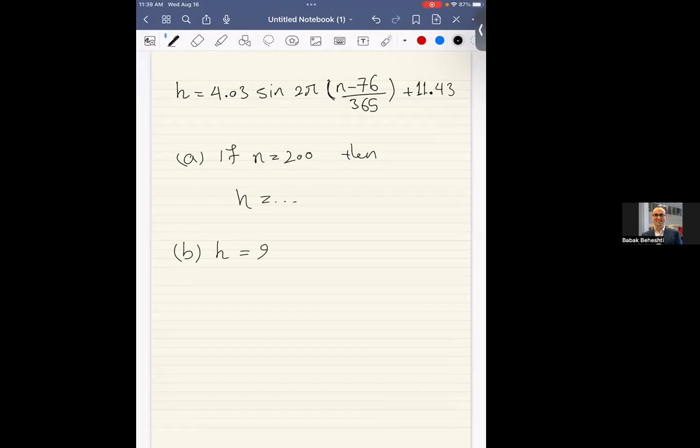So that means you have to solve this equation: 9 equals 4.03 sine of 2 pi times n minus 76 divided by 365, plus 11.43.